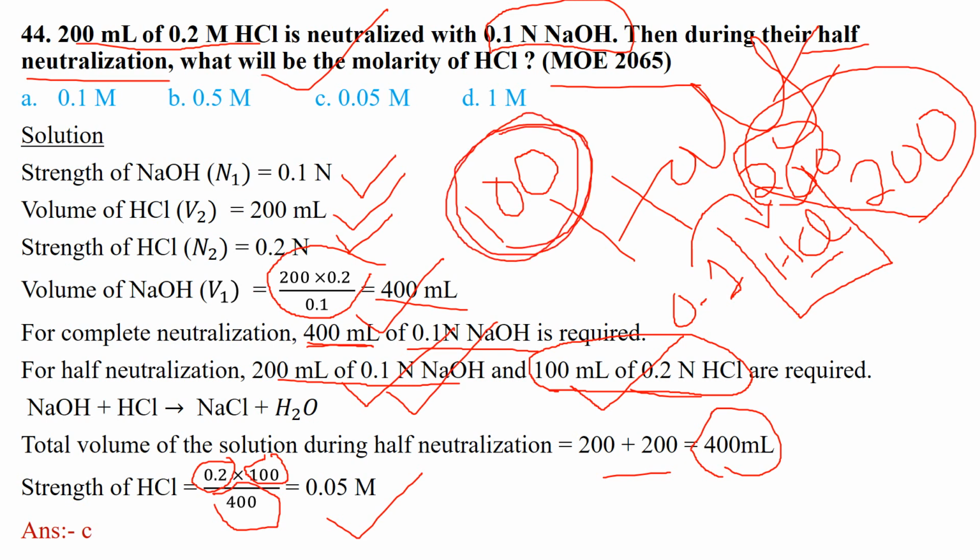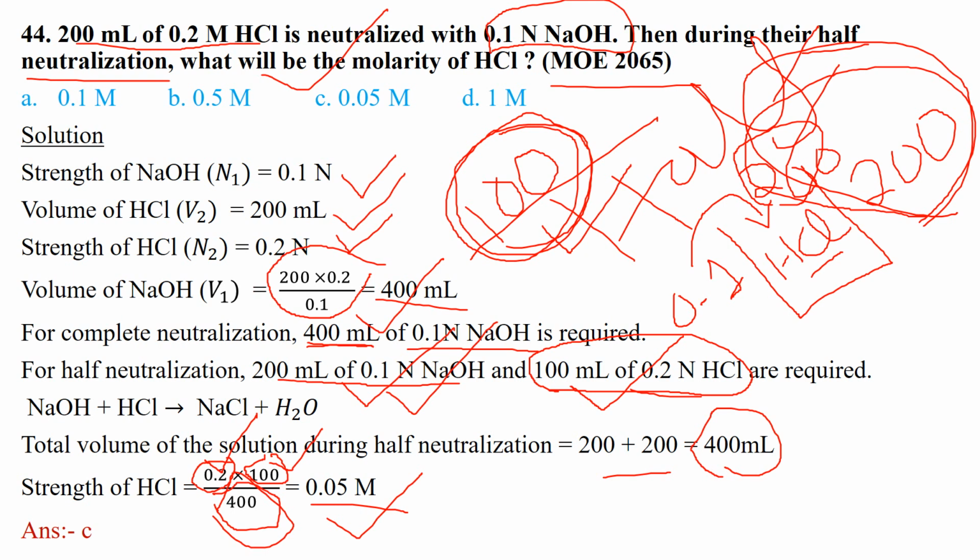Then we have to calculate the molarity of such 100 ml of 0.2 molar HCl present inside the beaker containing a total volume of 400. The total volume is 400, 0.2 is the concentration of HCl and 100 is the volume of free HCl. Then the answer will be 0.05 molar. This question is based upon half neutralization. The total volume will be 200 plus 200, 400, and the volume of free HCl is only 100 ml.